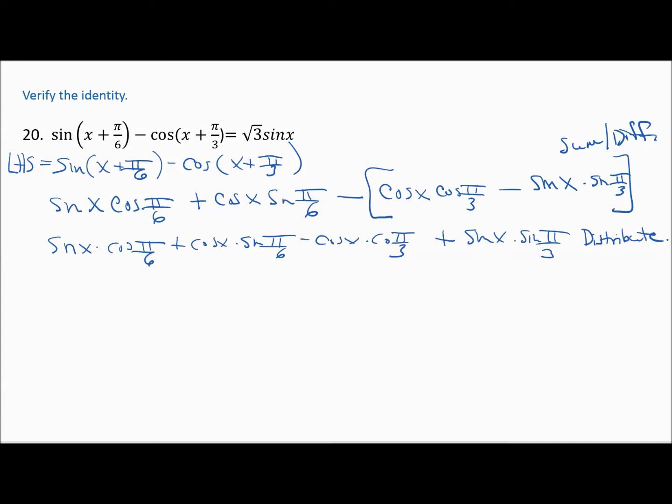All right, now I want to evaluate cosine of pi over 6, sine of pi over 6, then cosine of pi over 3, and sine of pi over 3.